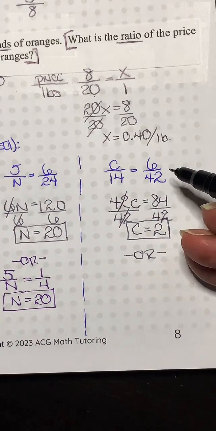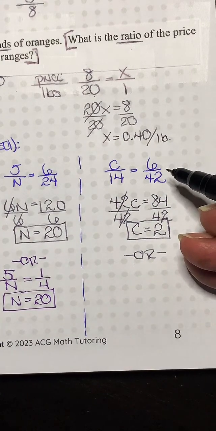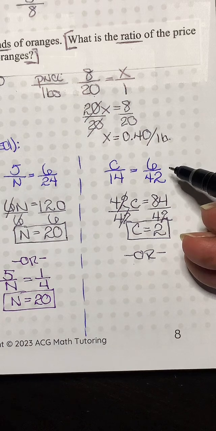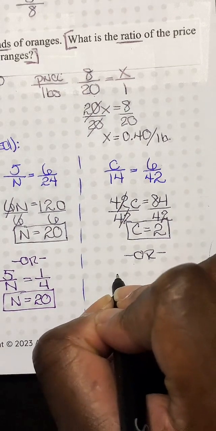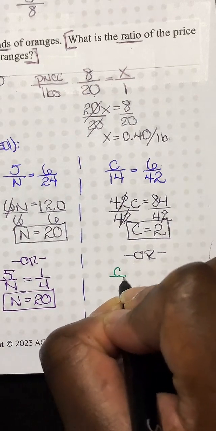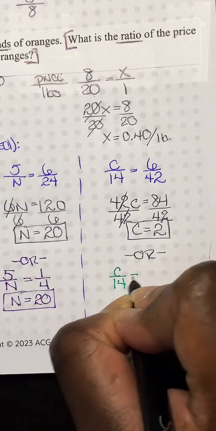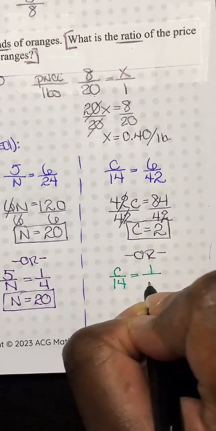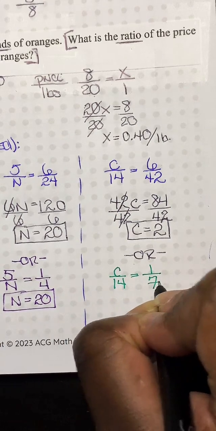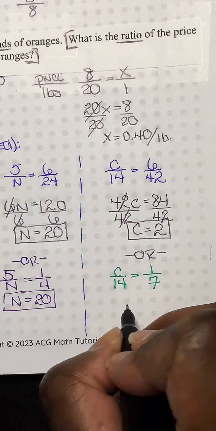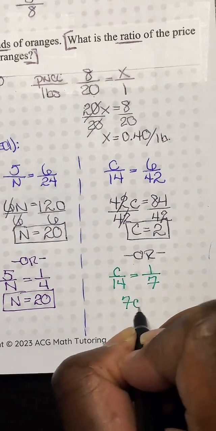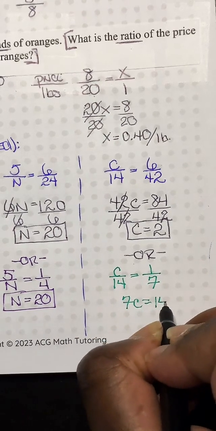Or I could reduce 6 over 42. I could reduce that by 6. So this would have given me C over 14 equals 1/7. So when I cross multiply, I got 7C is equal to 14.